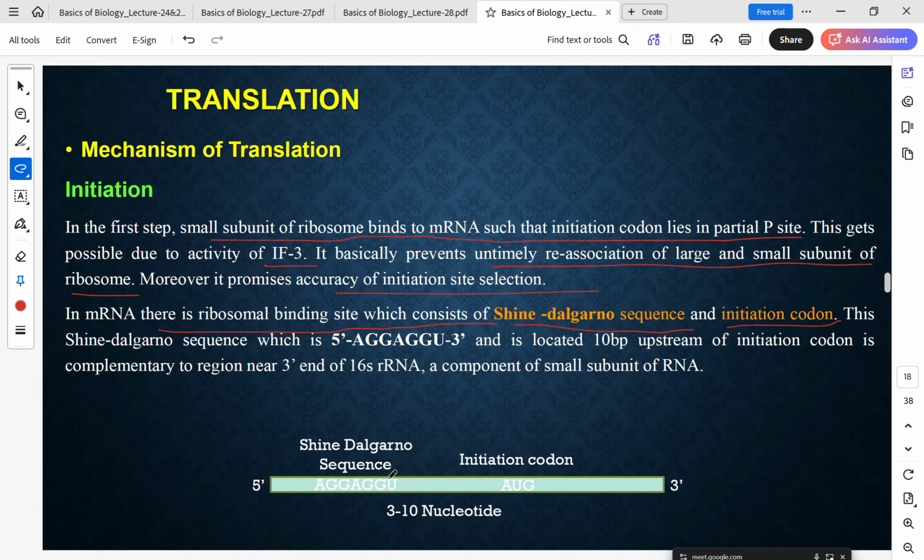The Shine-Dalgarno sequence is 3 to 8 nucleotides upstream of the initiation codon. There is a specific sequence AGGAGGU located around 10 base pairs from the initiation codon, and this sequence is complementary to a region near the 3' end of the 16S rRNA, which is a component of the small subunit of the ribosome.